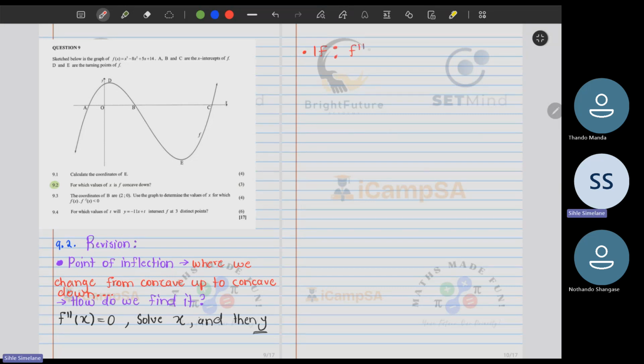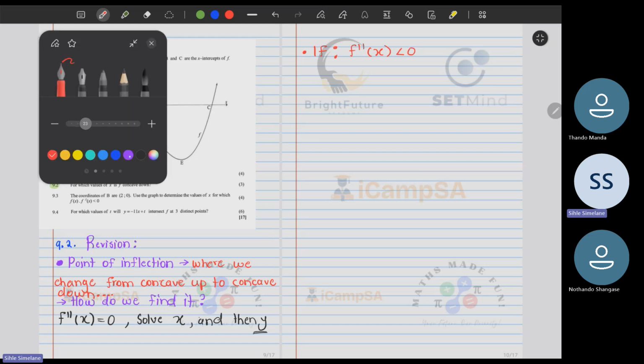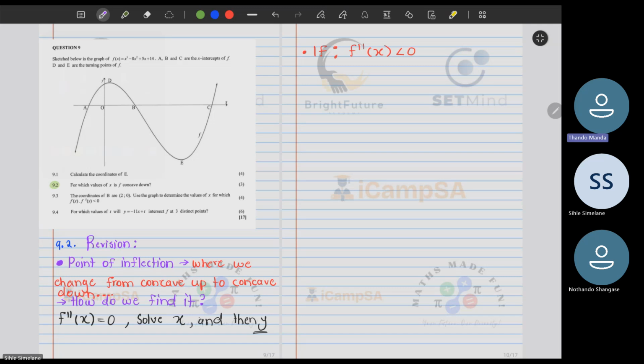our second derivative at x is less than 0, does this mean concave down or up? Do you guys remember? Any one of you? Is it concave down, sir? Are you sure of that answer? No. Can guess it.